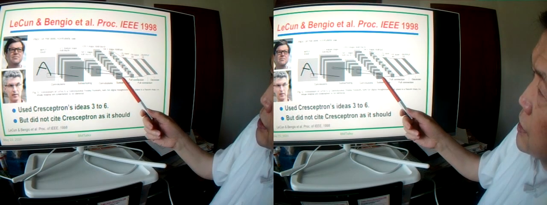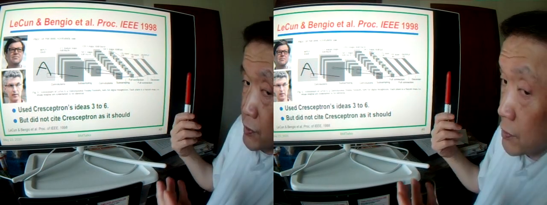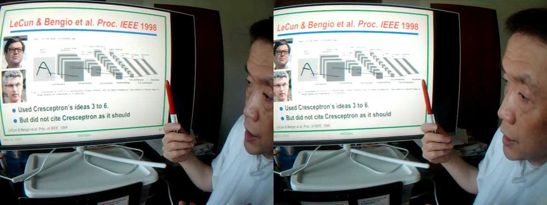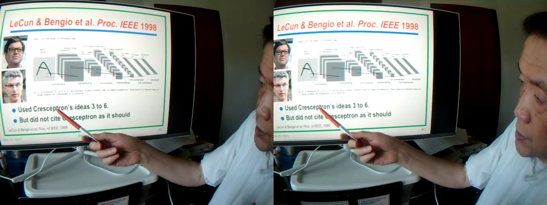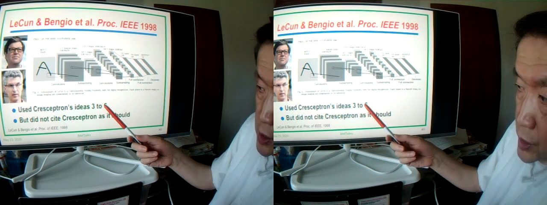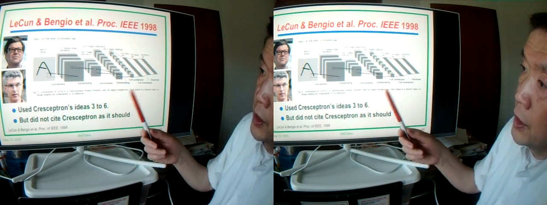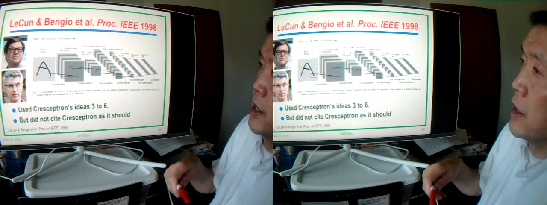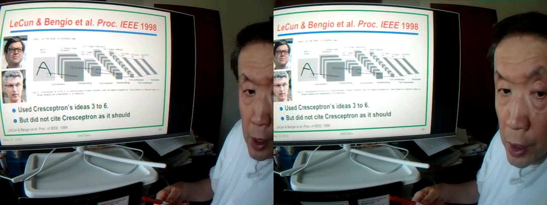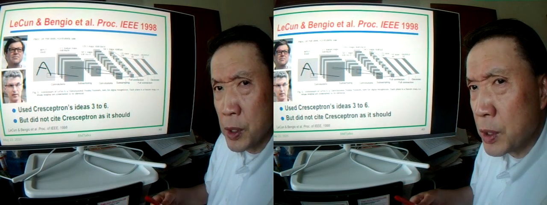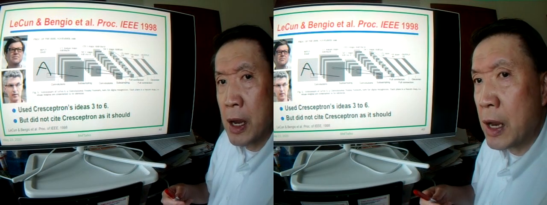See that? Subsampling. That's not in Fukushima's work, but they used the idea of Cresceptron, idea 3 and 6, but they did not cite Cresceptron. So this is as early as 98.